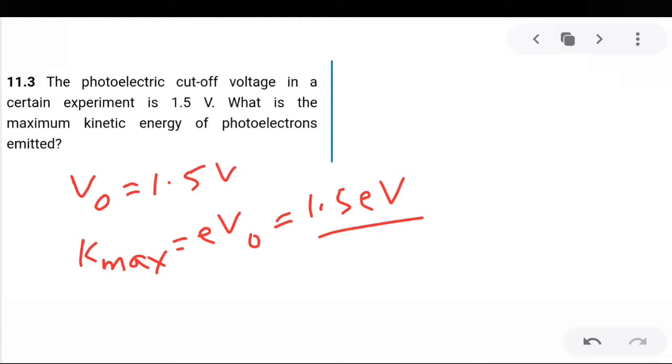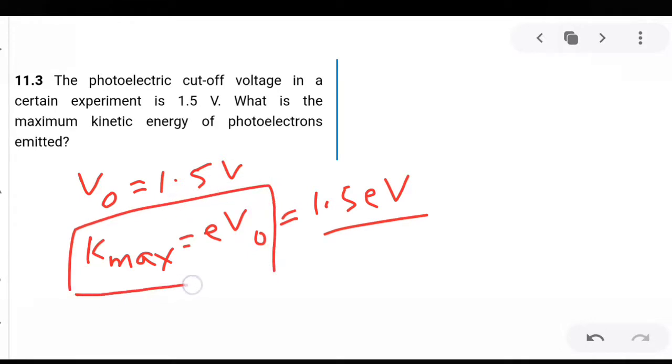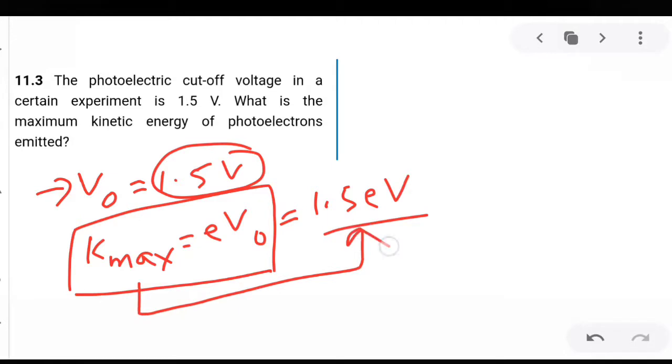So directly you can do it. This is the relation between maximum kinetic energy and stopping potential, where potential is in volt. We have expressed maximum kinetic energy in electron volt. That's it.